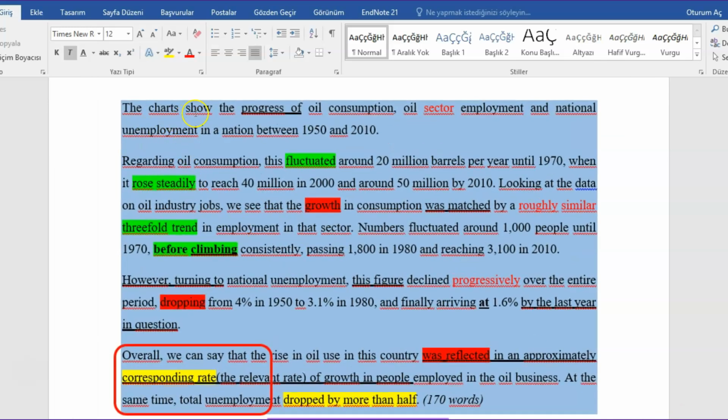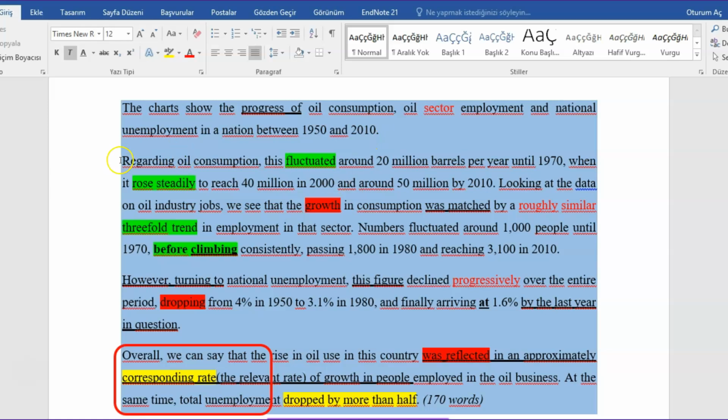The charts show the progress of oil consumption, oil sector employment, and national unemployment in one country, in a nation, between 1950 and 2010.